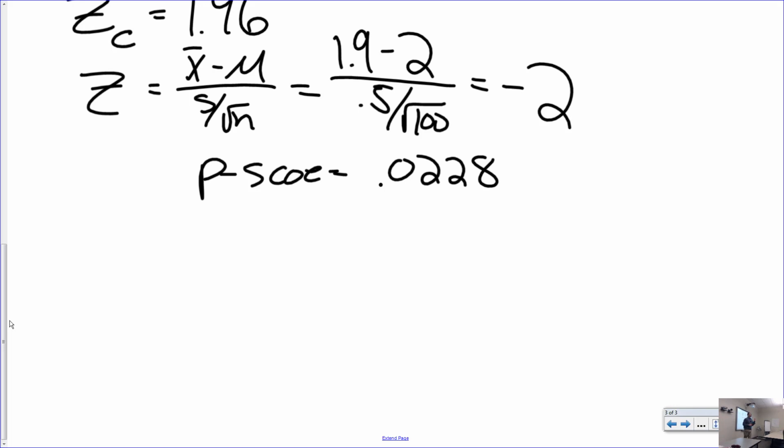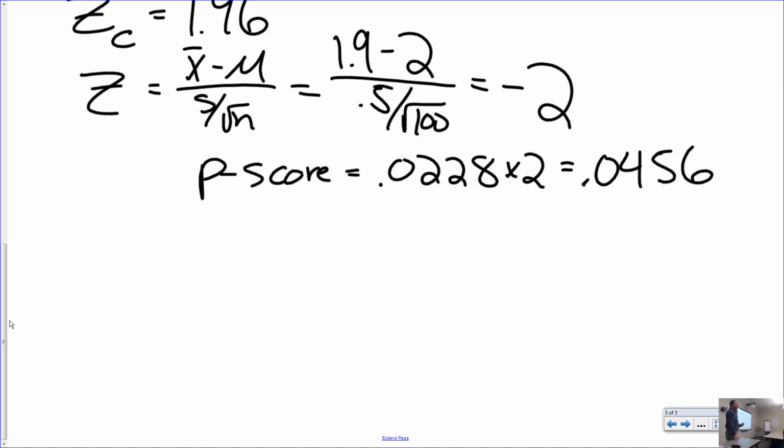And remember, what do we have to do with that number, technically? Times it by 2. What's 0.0228 times 2? 0.0456. Is that number less than 0.05?